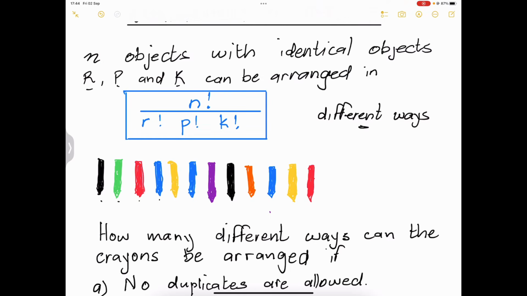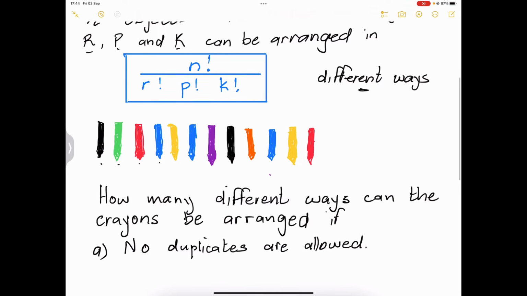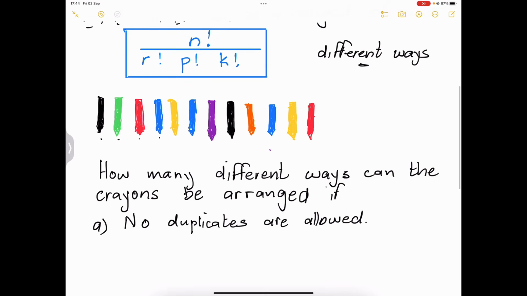Now, they want us to find out how many different ways we can arrange these crayons. Let's consider the first possibility, if duplicates are allowed. It means that even if you've got different colors, you take them as though they were different.